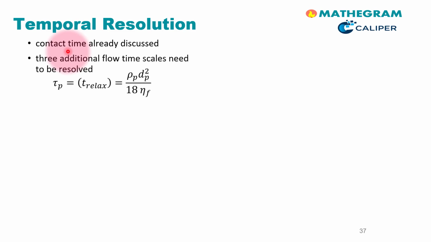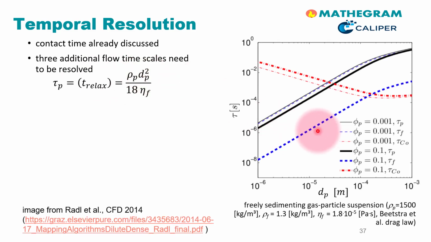In case of coupled simulations, there are 3 additional flow timescales that need to be resolved. First, this is the particle relaxation time tau p, which we have already seen in the definition of the Stokes number. In the figure on the right, you see this timescale illustrated with a black continuous line for a very dilute and a moderately dense system.